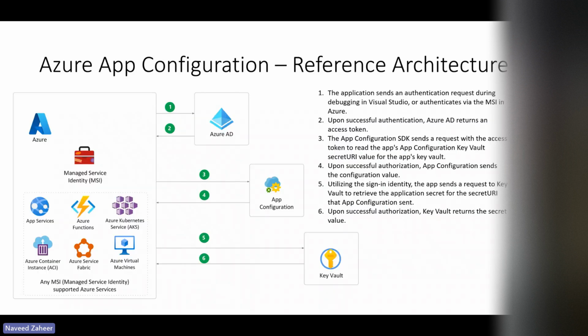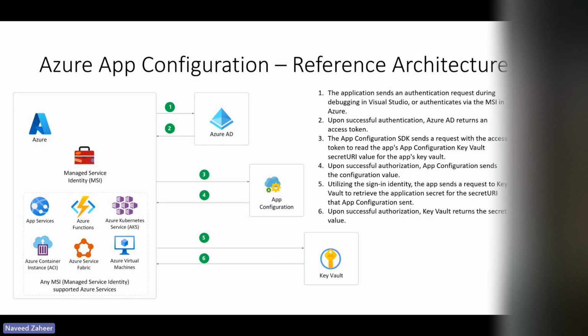And finally, this is a high-level reference architecture just to create a mental picture. Let's say that you have an application that needs to access configuration from Azure App Configuration. It has some data in the app config, and some in the Key Vault, where the Key Vault reference is in app config.